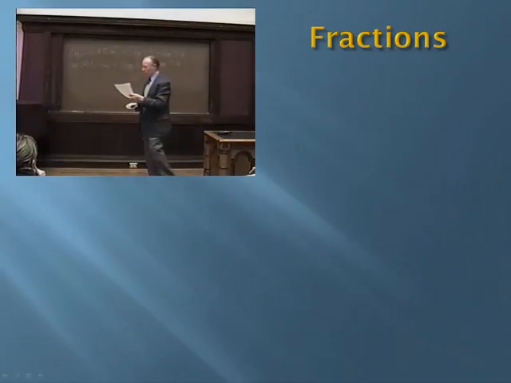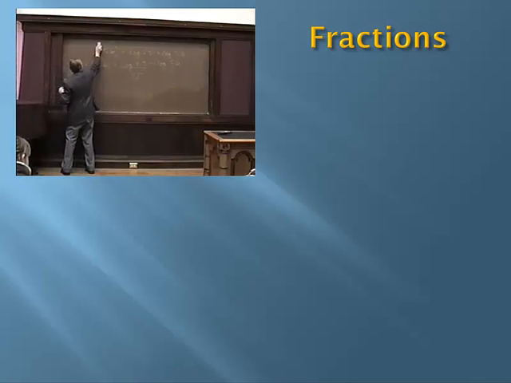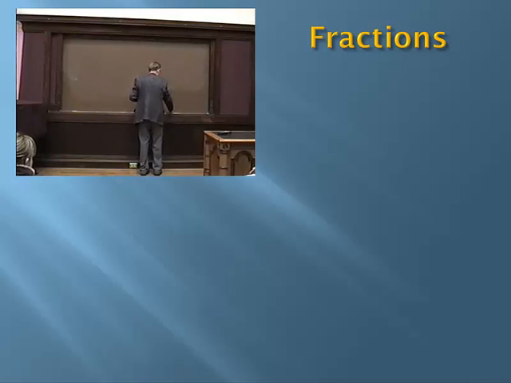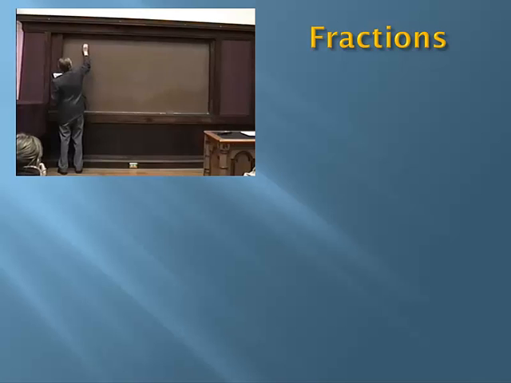Okay, let's go on and talk about fractions. And to introduce this topic, I will refer back again to the quiz that we put on Blackboard. First question was, what is A over 1/3 equivalent to?